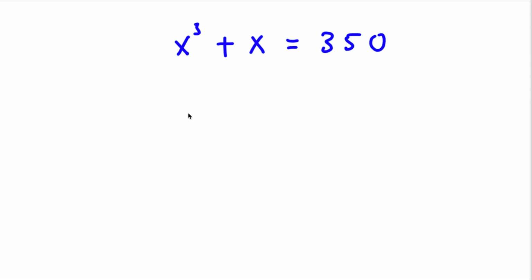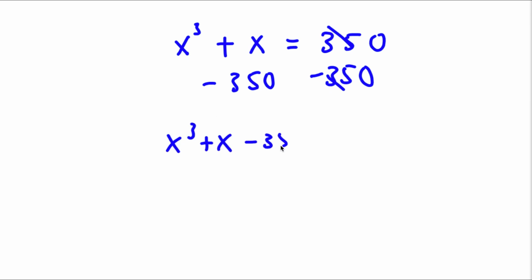Alright, so what I'm first going to do is subtract 350 on both sides. So now these two cancel out, and I will have x to the power of 3 plus x minus 350 is equal to 0.